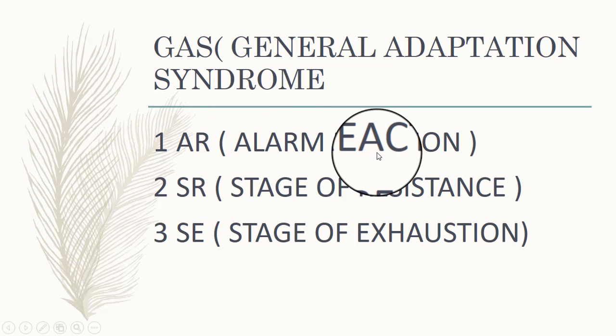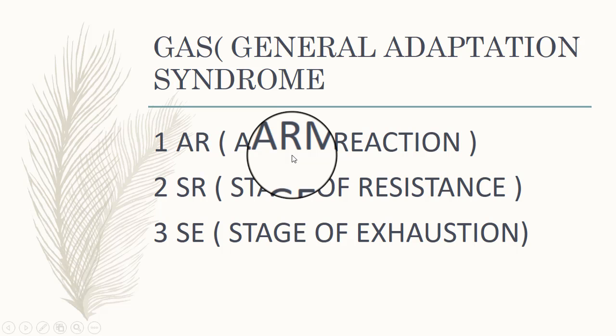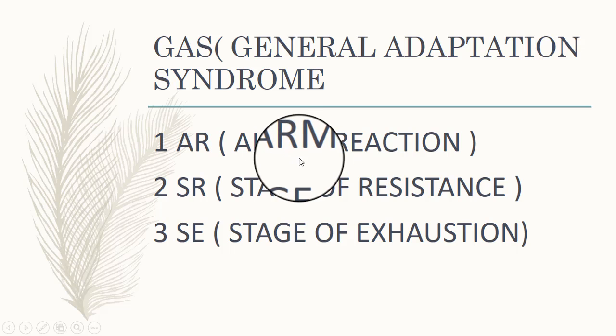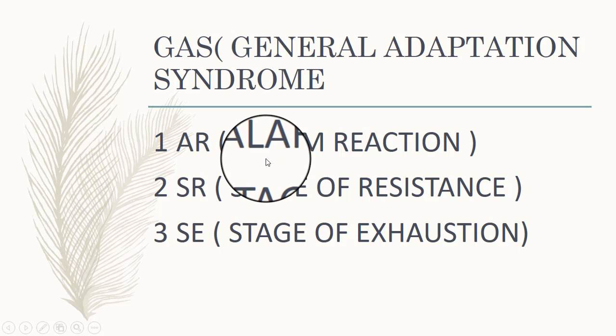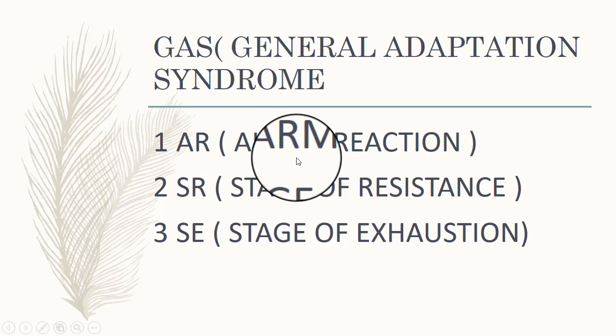So first of all, we have stage 1, that is alarm reaction. Alarm reaction is the immediate reaction to a stress. In the initial phase of stress, humans exhibit a fight or flight response, which prepares the body for physical activities. Now what are the changes in the body?